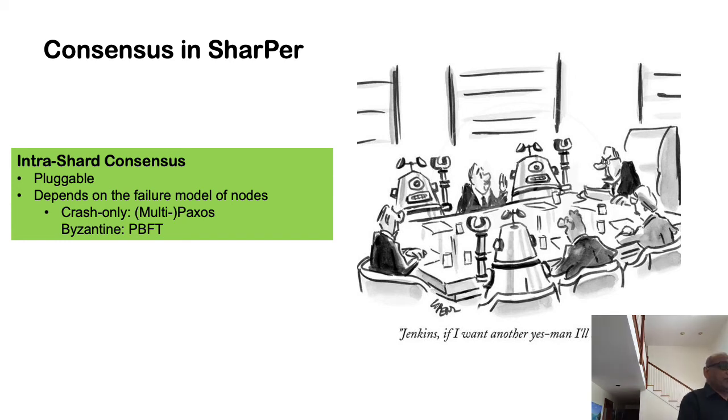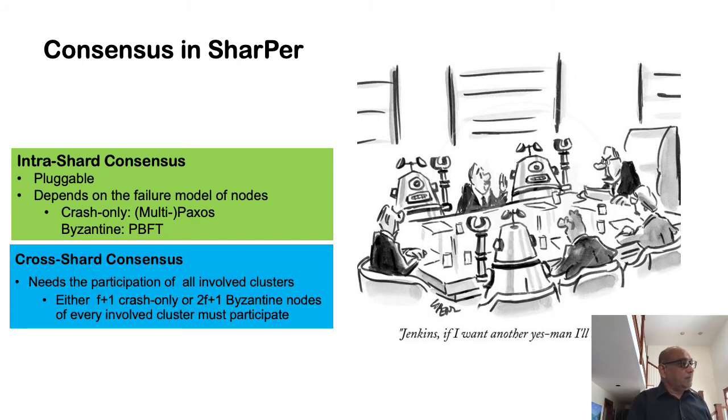Depending upon your failure situation, if you are confined to crash-only failures, then you can use a Paxos-like protocol. But if you're dealing with Byzantine failures, then you can use PBFT. So I'm going to assume that we are dealing with PBFT. Okay.